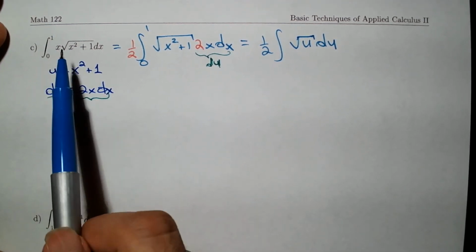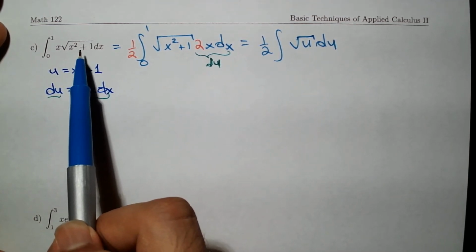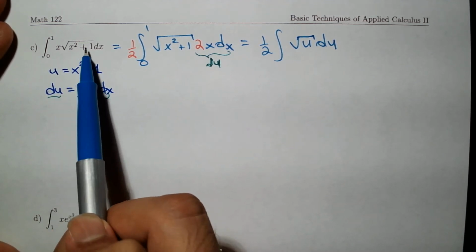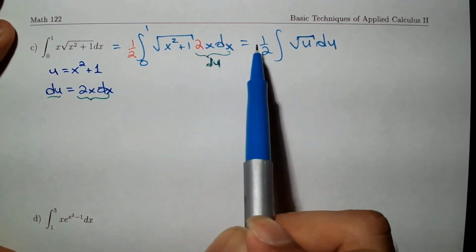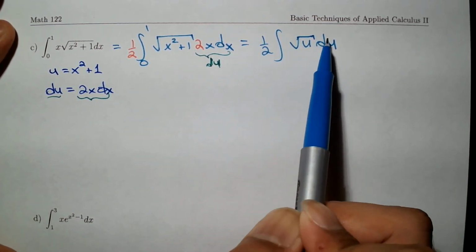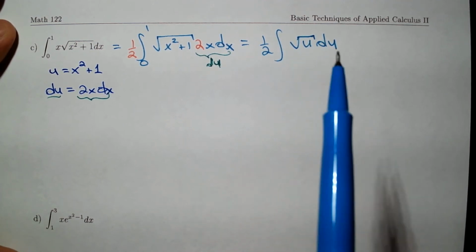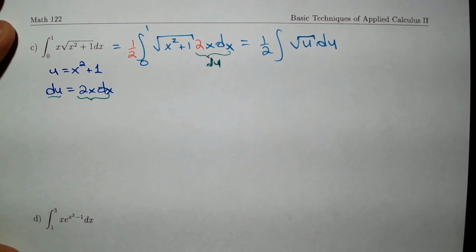We convert this integral from the world of x to the world of u, which is simpler. We solve the problem in the easier world, and then we back substitute to get the result in terms of the variable that we started with.